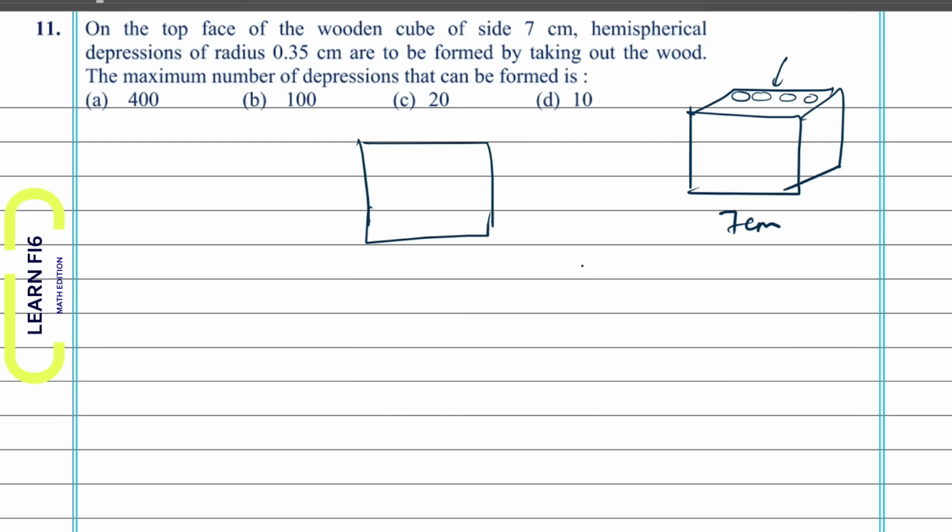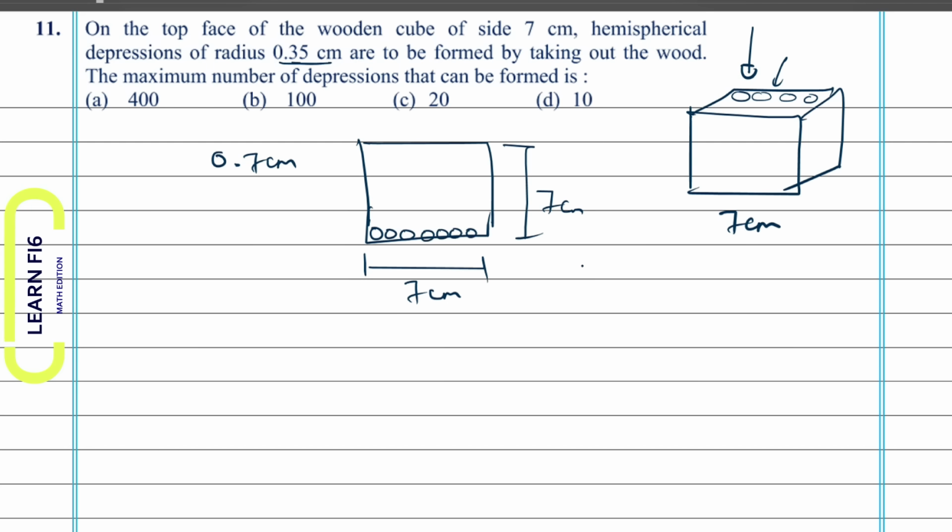This is the top view of the cube. Its entire length is 7 centimeters, and this part is also 7 centimeters. The radius of each hemispherical depression is 0.35 centimeter, which means each depression has a diameter of 0.7 centimeter. I'm going to make some divisions like this, some depressions like this, but I don't know how many.